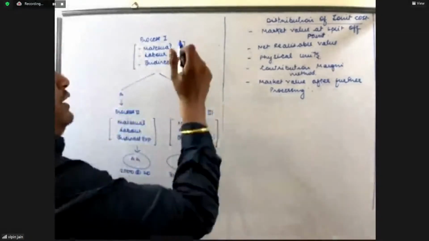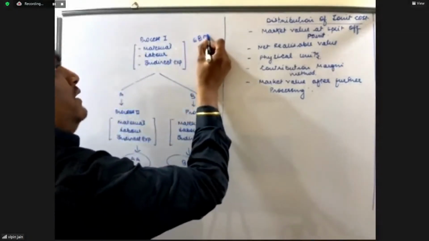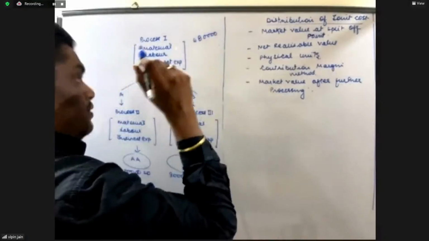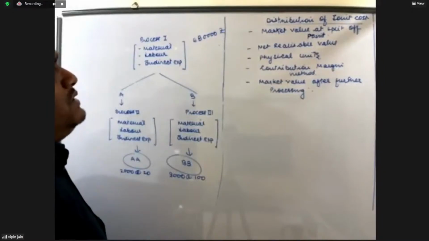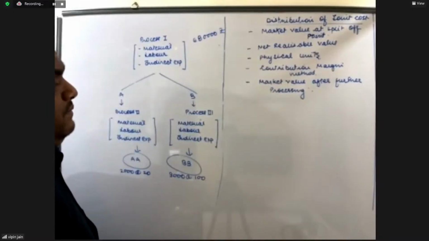Now let's say my joint cost is 6,80,000.